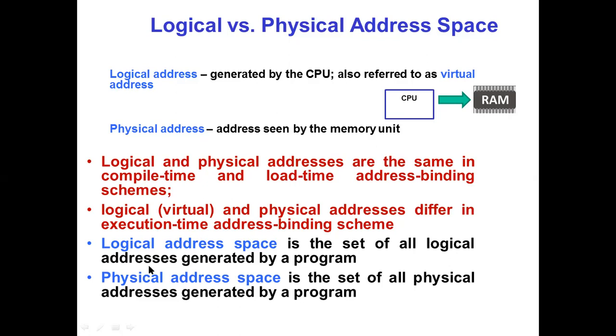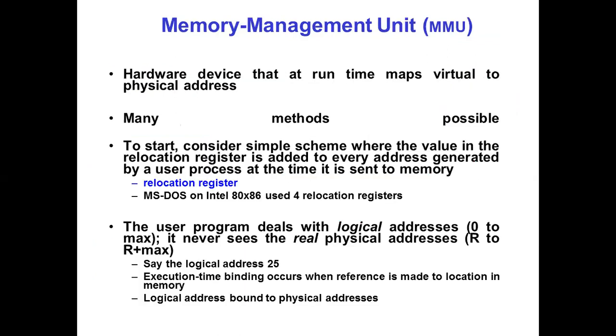Here we can say logical address space is the set of all logical addresses generated by the program. Similarly, the physical address space is generated by the program. So both are spaces generated by the program, and the logical address is generated by the CPU. So what is the MMU? This is called the memory management unit, sometimes also called the memory unit.